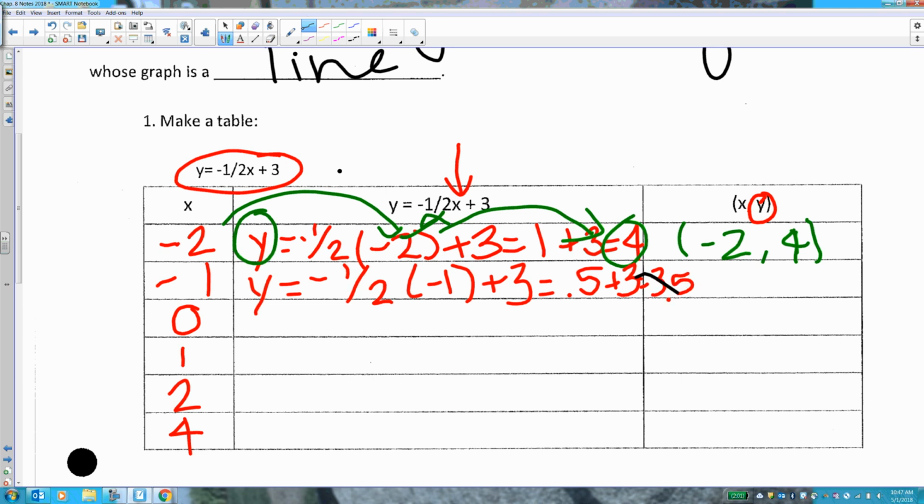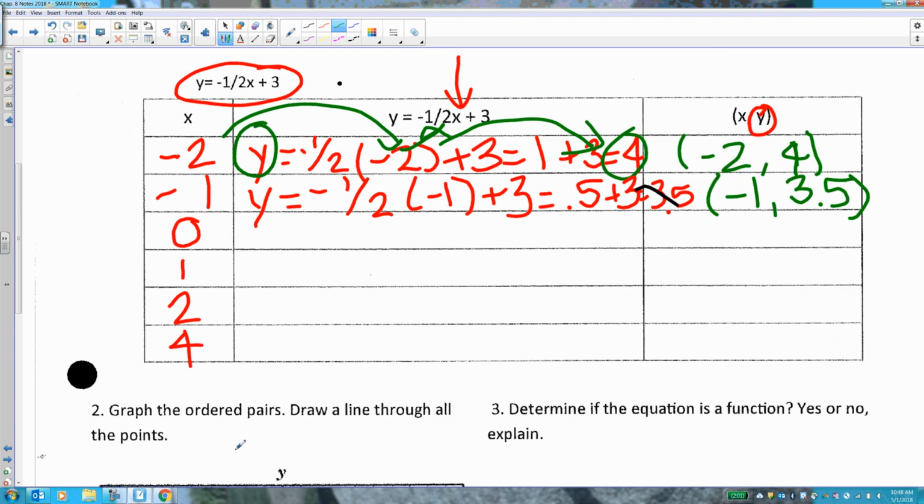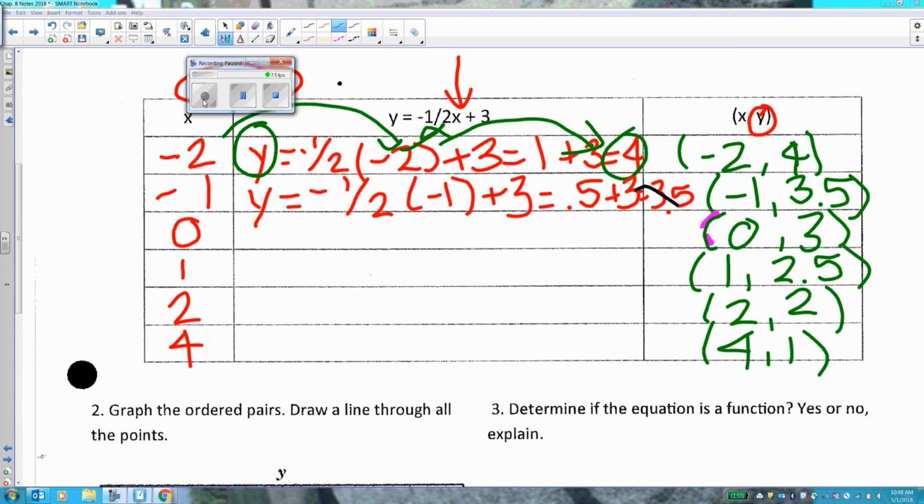So now I have my coordinate pair, -1, 3.5. I'm going to let you do the rest of these: 0, 1, 2, and 4. So figure those out. So hopefully you got the same answers as me. 0, 3; 1, 2.5; 2, 2; and 4, 1. You should have solved them right here.